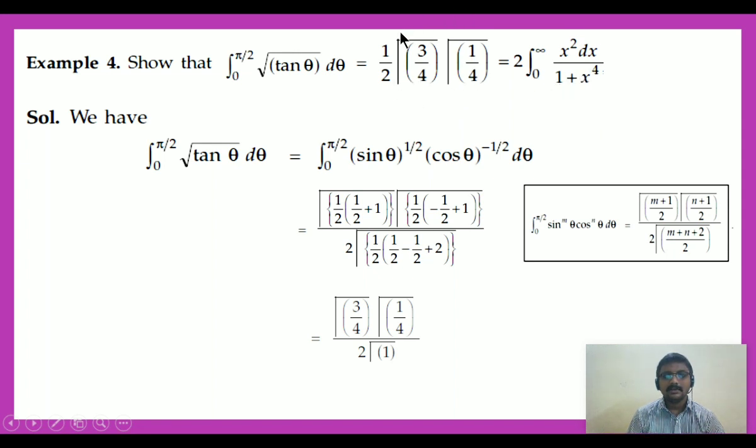So for this, gamma of 3 by 4 into gamma 1 by 4 can be written as beta of 3 by 4 comma 1 by 4, because gamma of 3 by 4 into gamma of 1 by 4 can be written as gamma 3 by 4 into gamma 1 by 4 upon gamma of 3 by 4 plus 1 by 4. But what is 3 by 4 plus 1 by 4? 1. That is, gamma 1 is 1.